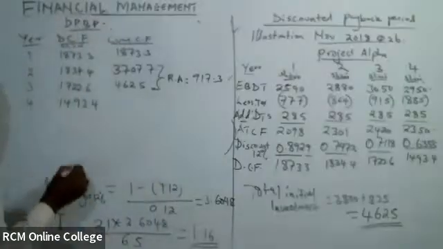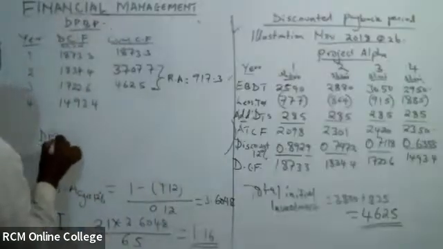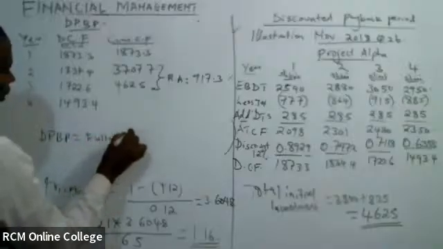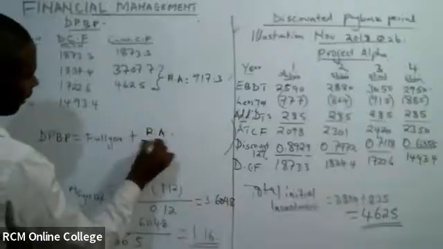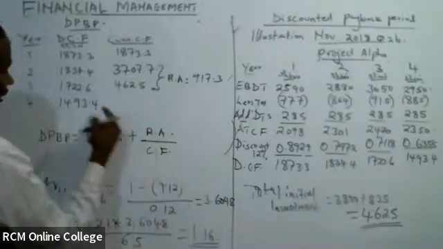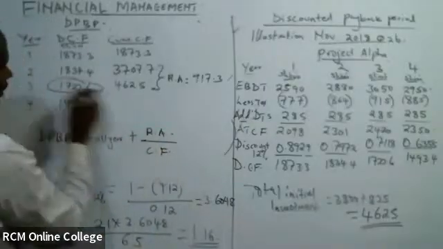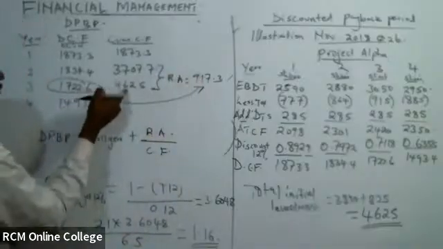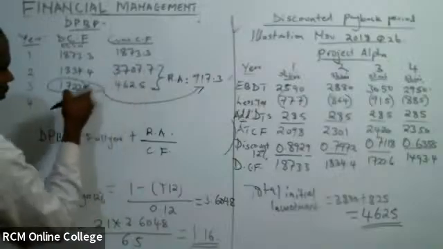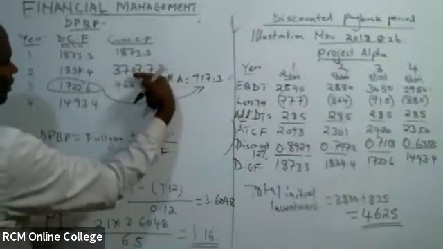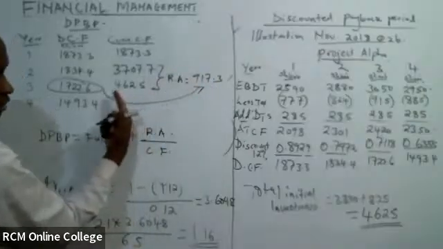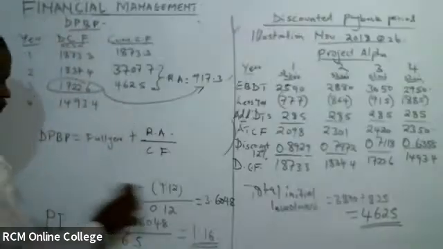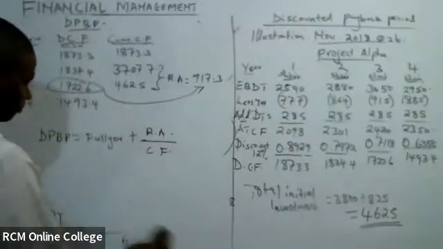Now I use my formula for the discounted payback period, which is the full years plus the remaining amount over the cash flow of the year that helps me cover it. This 917.3 is requested so we can complete this.